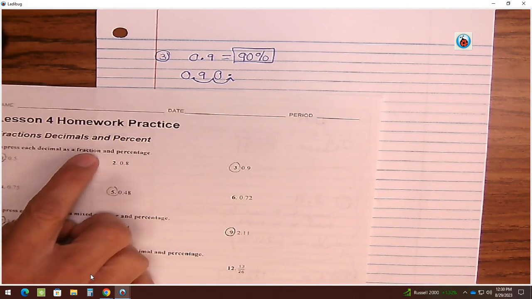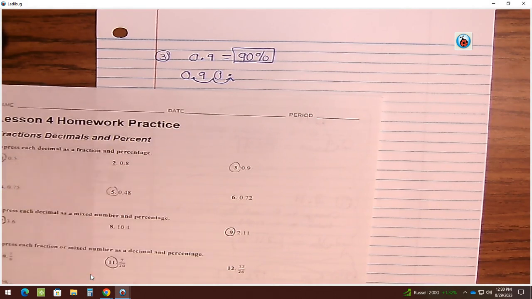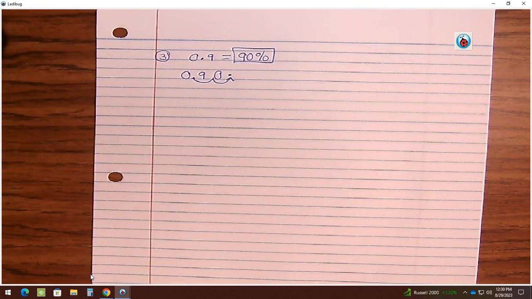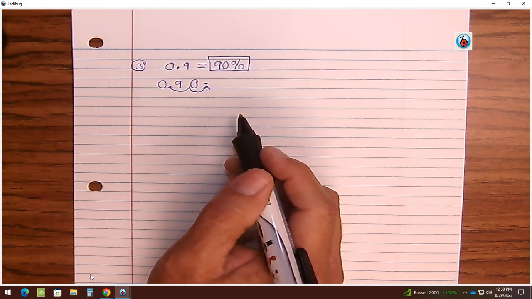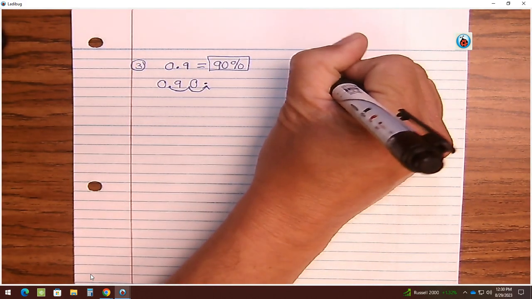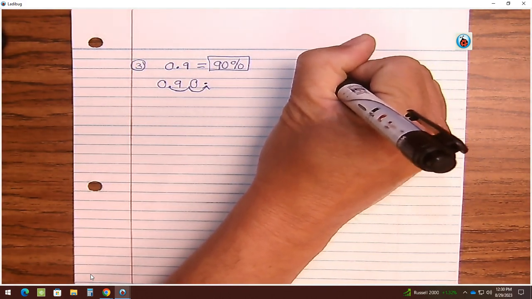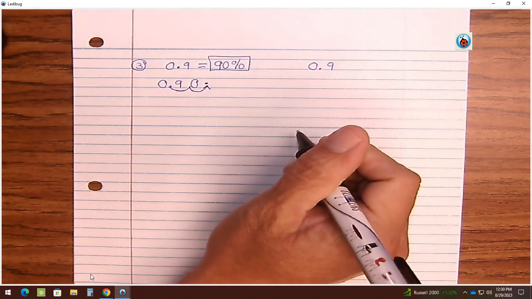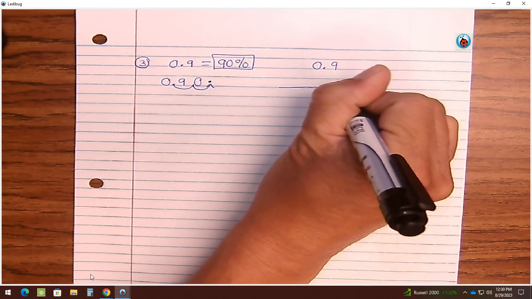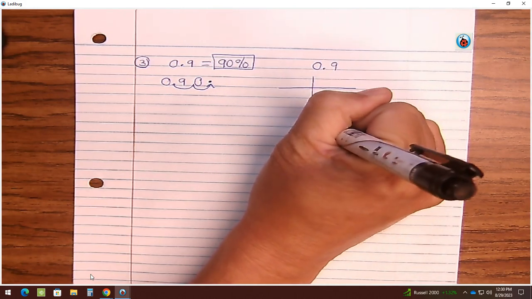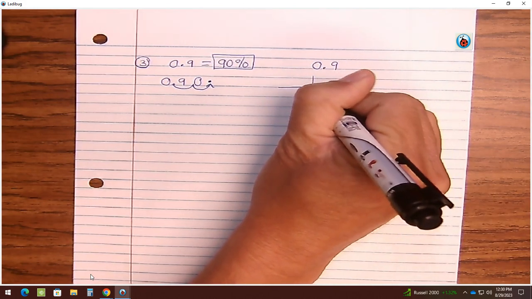But the other thing that it's asking is for you to change to fraction. I'm not going to have you simplify, just change it to fraction. To change it to fraction, I will write my decimal again, and this time I will place it on a place value chart to help me out. My place value chart, you did this in elementary. There's my decimal right there.